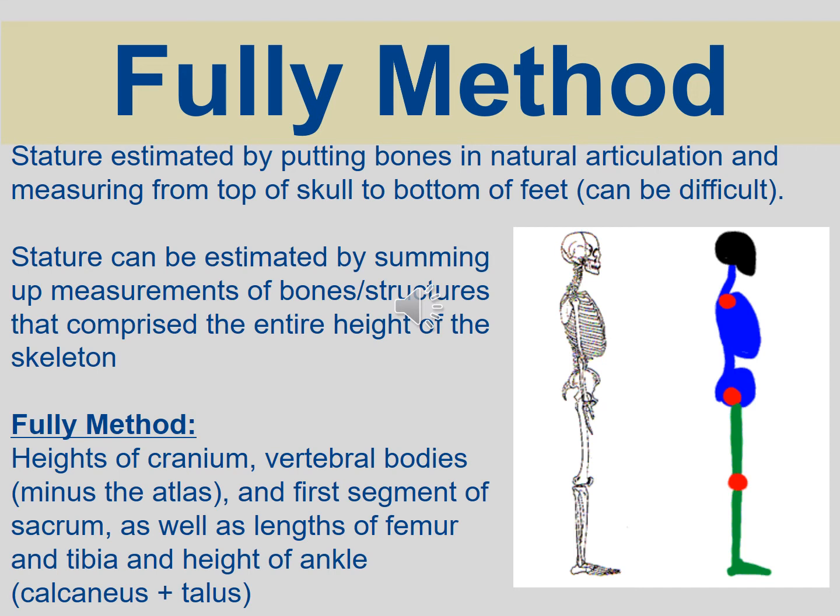And you also measure the first segment of the sacrum, you can include the height of the pelvis, and then you measure the length of the femur and the tibia, as well as the height of the ankle. Typically you take the calcaneus and talus and you articulate them together and you measure that height, right? Add all those heights together, you got somebody's total height.